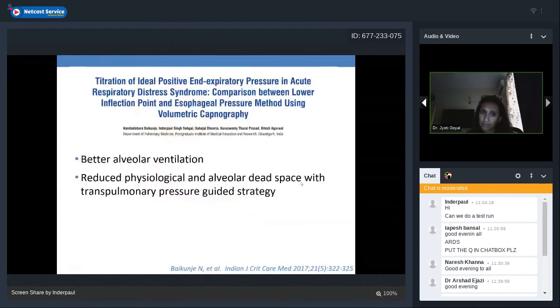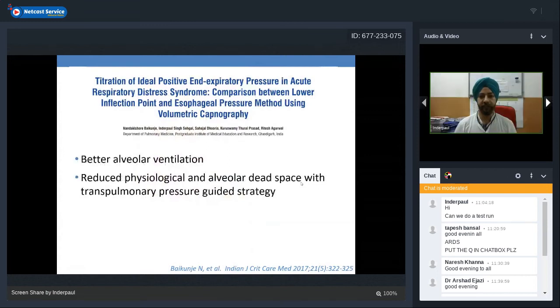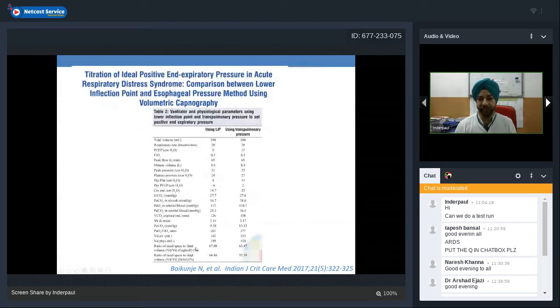We have also published this, that if you use the esophageal pressure monitoring wisely, you will be able to better select a PEEP. In this case, we found that PEEP was 2 to 3 centimeters higher than what we were getting by using the lower inflection point, and it reduced the physiological dead space and the anatomical dead space.